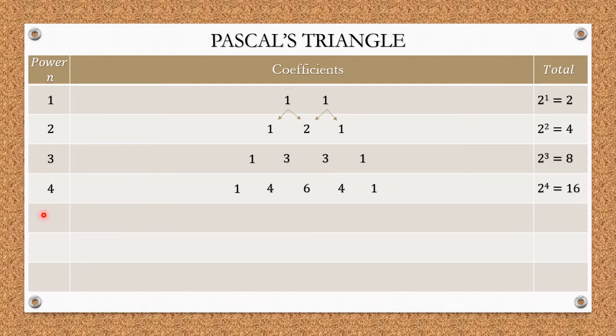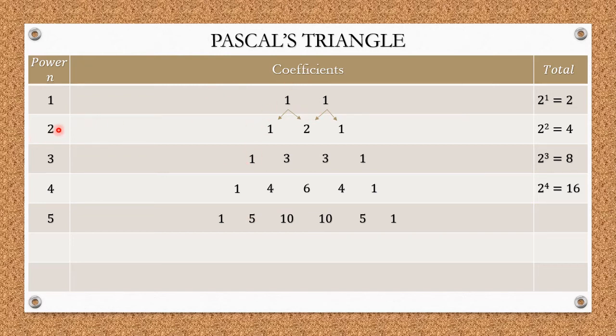So when you write down the coefficients for level 4, the total of all the coefficients should be 16. Fifth power: diagonal 1, then 1 plus 4, 5, 4 plus 6, 10, 6 plus 4, 10, 4 plus 1, 5, diagonal 1, 1. So when you write down the expansion, you see the number of terms is increasing here.